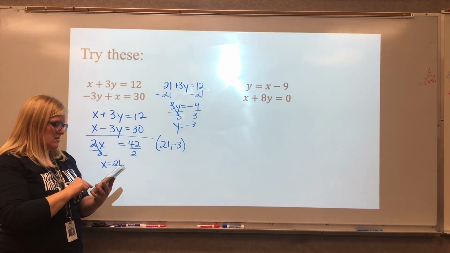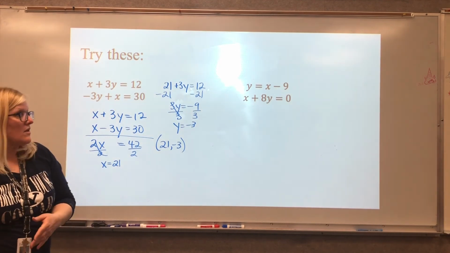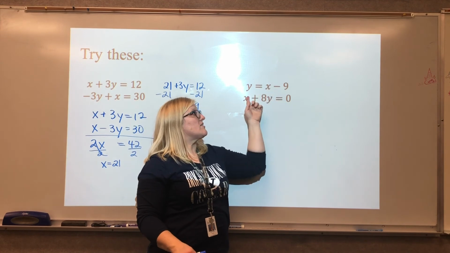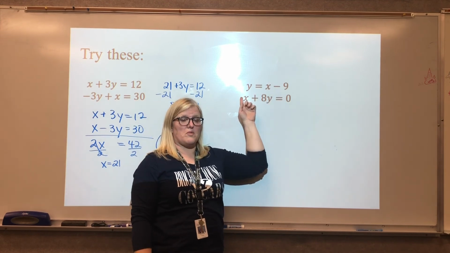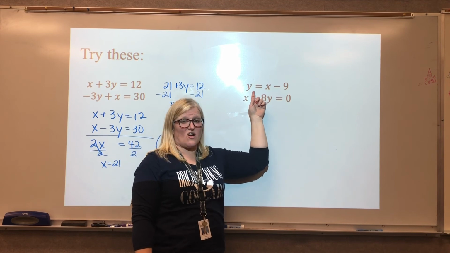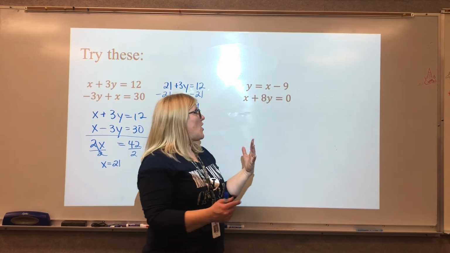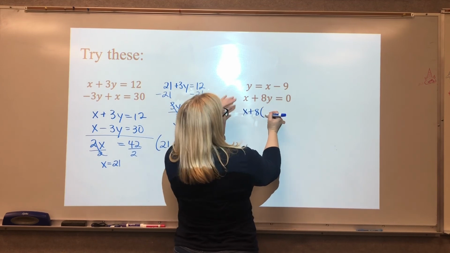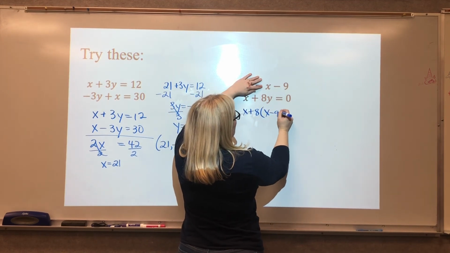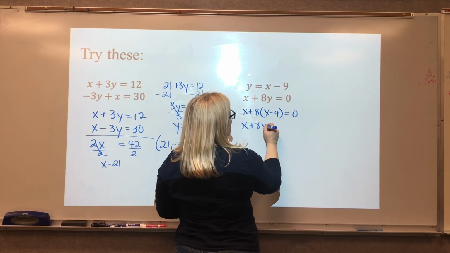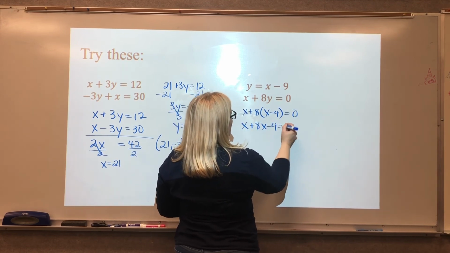Sorry, I'm just checking something. Okay, over here, if I were you, you could bring this x over here and you could do it by elimination, but I would do this by substitution because y is already by itself. So that's what I'm going to do. I'm going to do x plus 8y, or x minus 9, equals 0. So x plus 8x minus 9 equals 0.